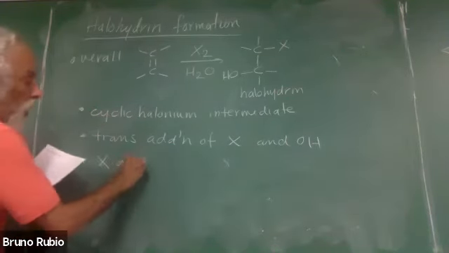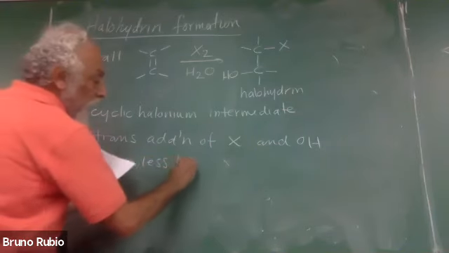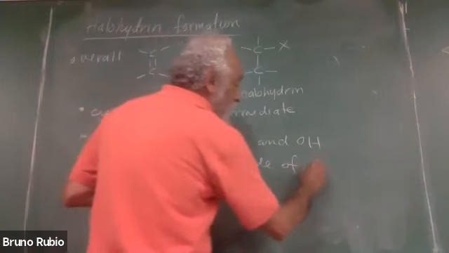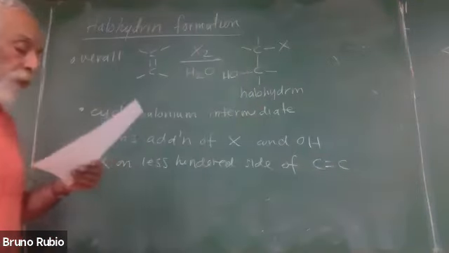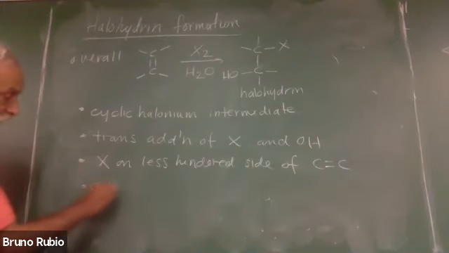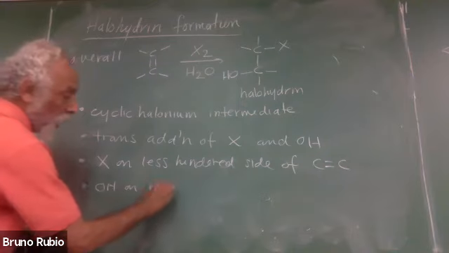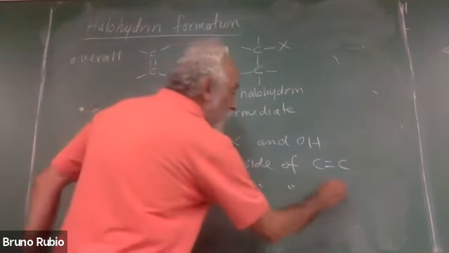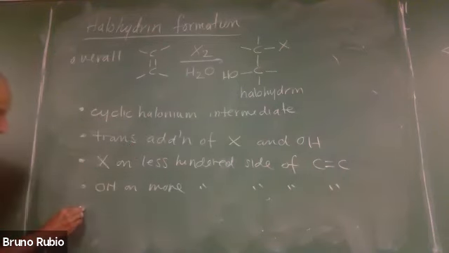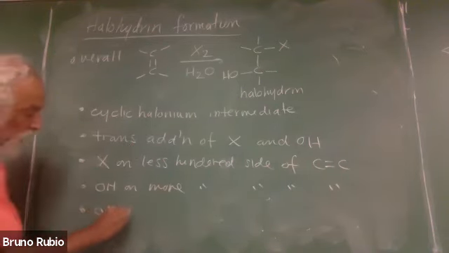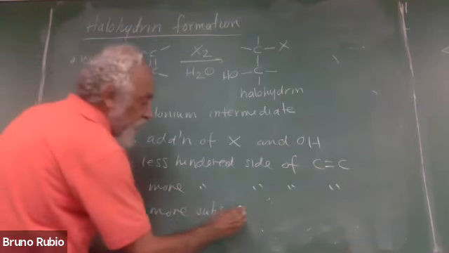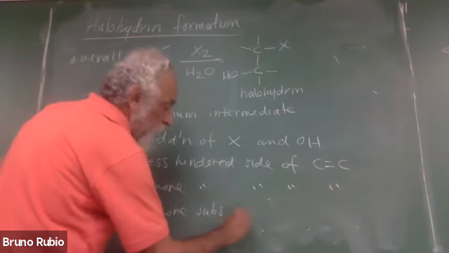X on the less hindered side of the original carbon-carbon double bond. And of course, this means that OH on the more hindered side of the original carbon-carbon double bond. And furthermore, OH on the more substituted carbon.